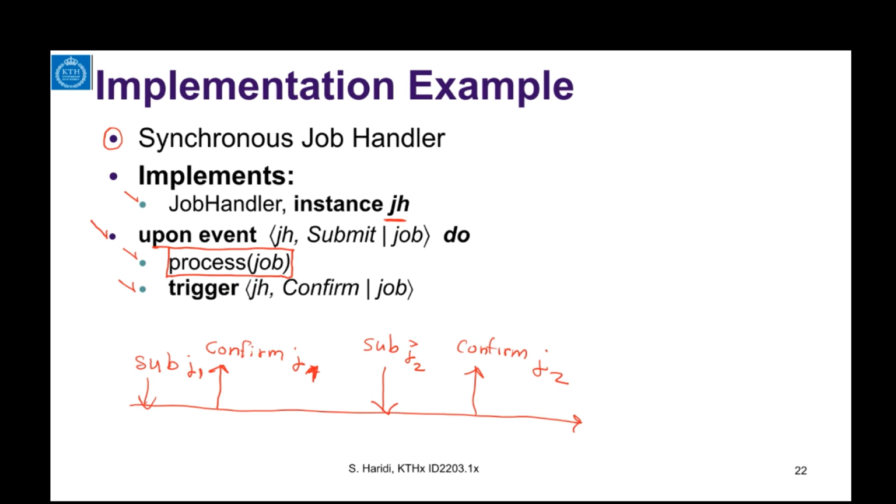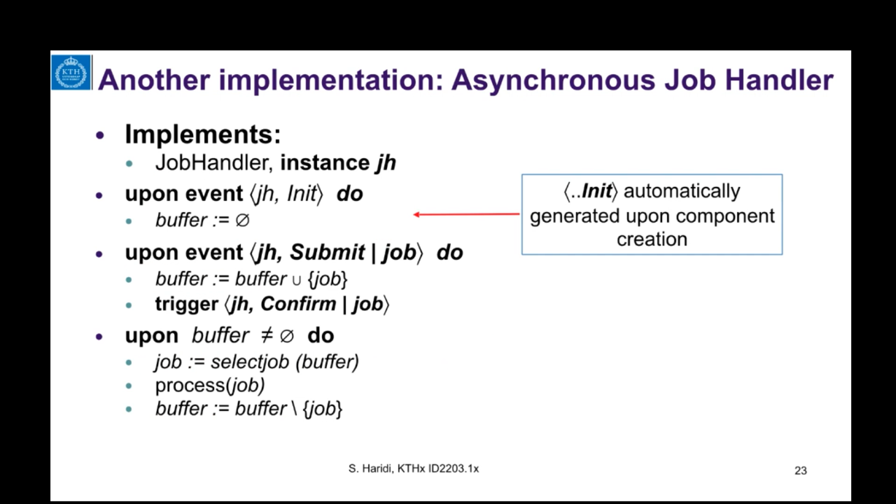Let us now look at another implementation. This was a synchronous implementation. Let's have a look at an asynchronous implementation. So it's an asynchronous job handler. And this is interesting because now we are going to have an implementation of a job handler with a different algorithm that still satisfies the specification. Still we have an instance JH.